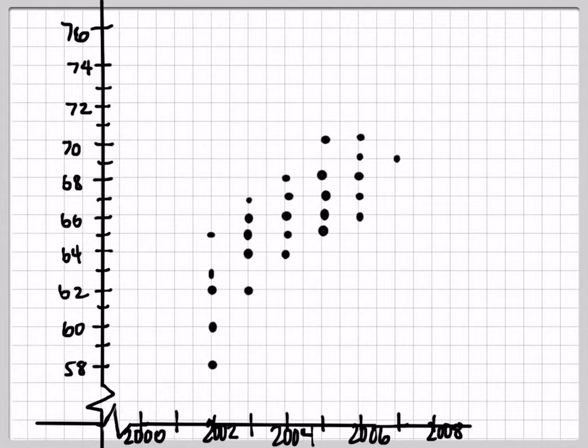And last year, 70, 71, 72, 75, and 77. What if there was like an overlap, like for 2002 there was like two 65s?